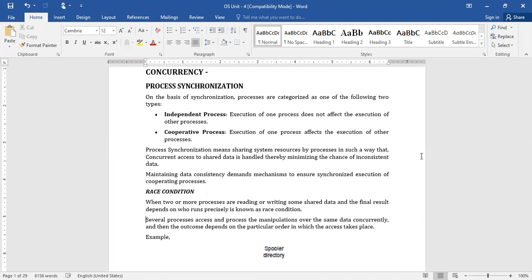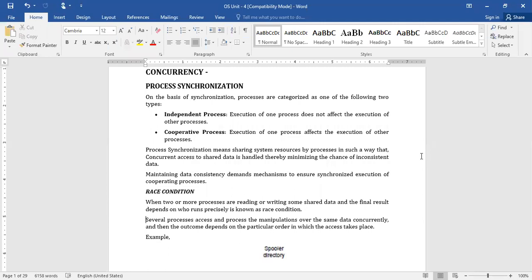Before moving further, once again, just recollect the information regarding inter-process communication.